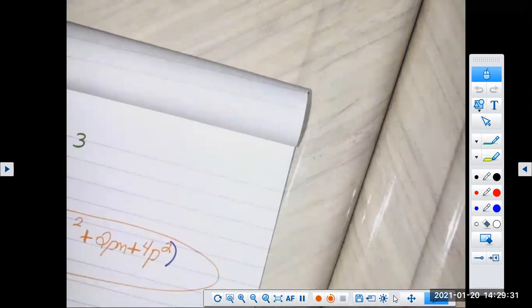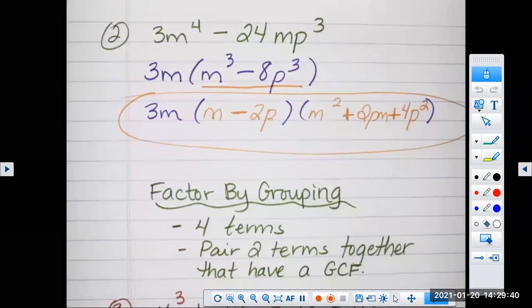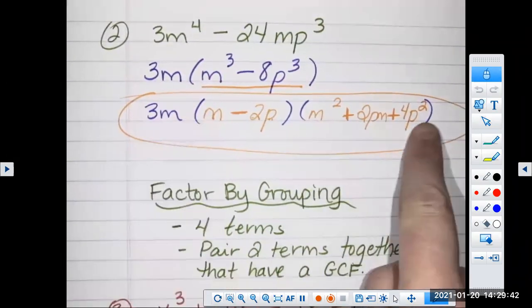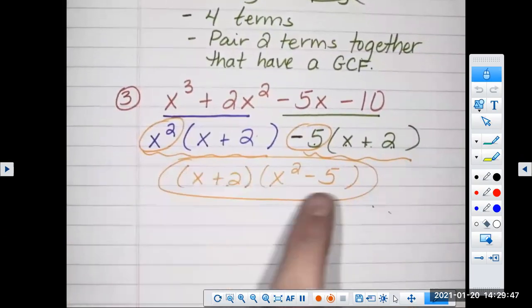Okay, now that we looked at all that, all right, now let's solve. So if they just ask you to factor, like number 2, if they just said factor it, that's what you're typing in. And like in number 3, factor it, you're stopping here, typing it in.